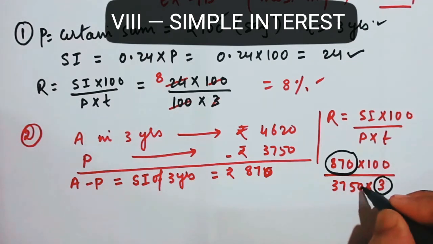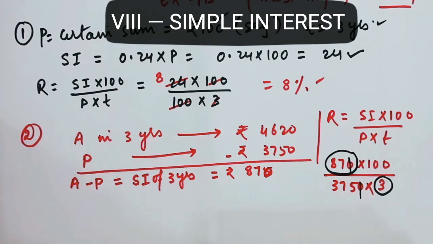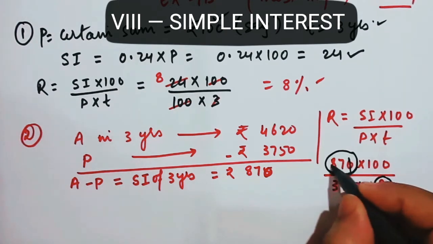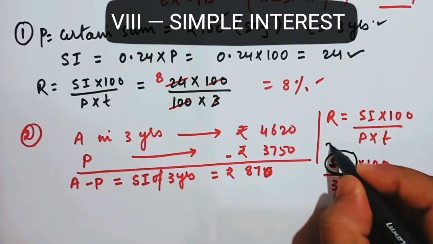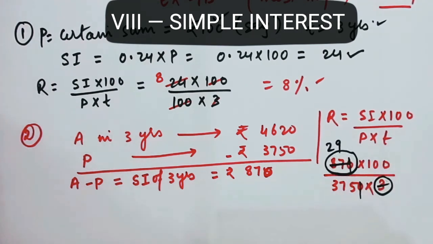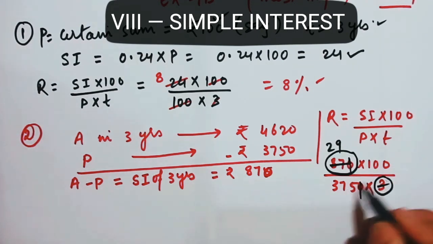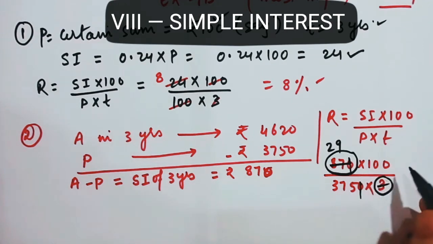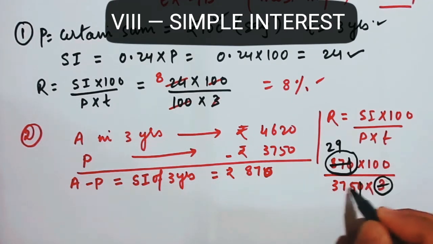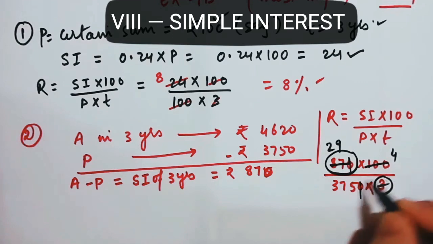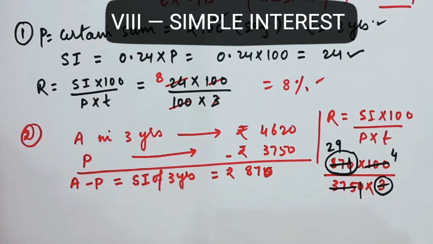What are you going to cancel? 3 how many times? 3 2 times 6, 9 times. Very good. And then what we have? 25 4 times 100, and 25 15 times 375.